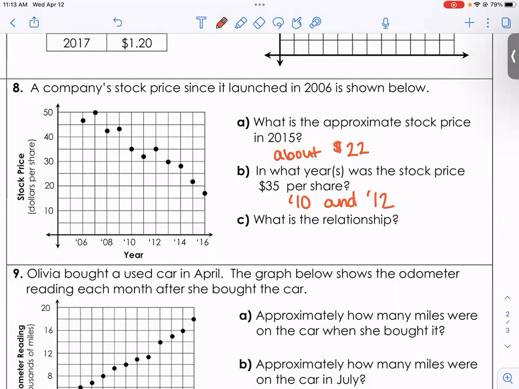They're going downhill, which means we have a negative. If this is true, we can follow the trend to figure out what's going to happen in years to come, and that's something we're going to do tomorrow. Based on this trend, this company is in trouble. They were doing so good.